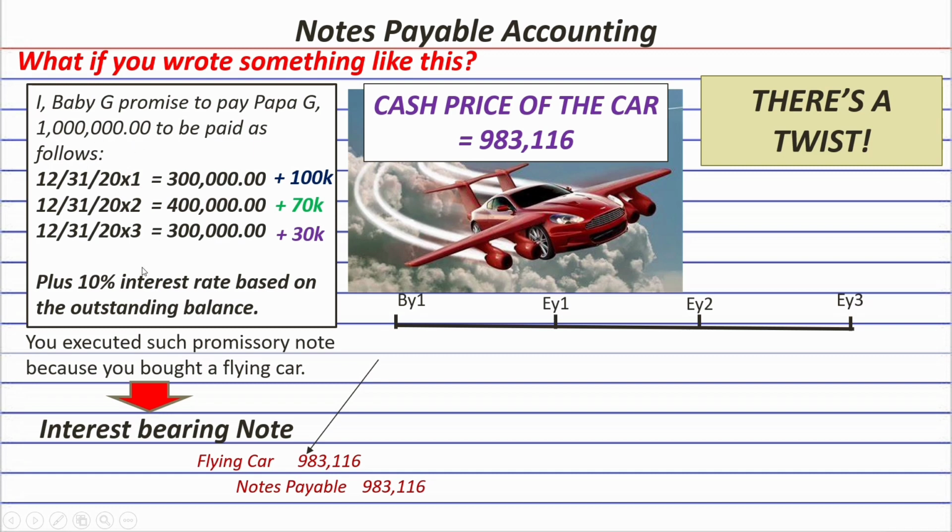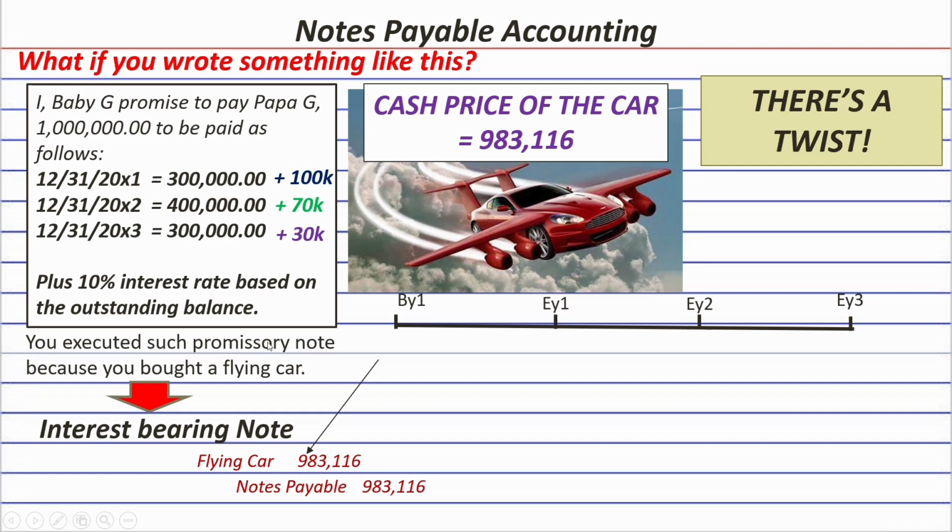And you can try checking on that on your own. Okay? Anyways, I am very sure that if you use this 10%, you will get a present value of 1 million for these payments. And that's not what we're looking for.